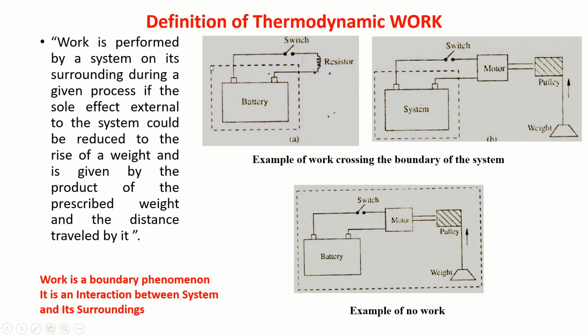Here, you must clearly understand that work is a boundary phenomenon. That is why we use the word work interaction. It is always an interaction between the system and its surroundings. So here let me put a boundary over here.